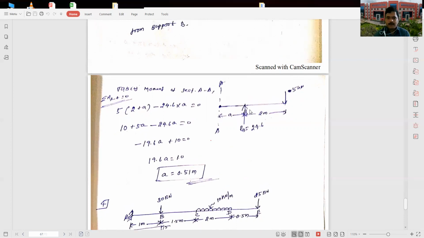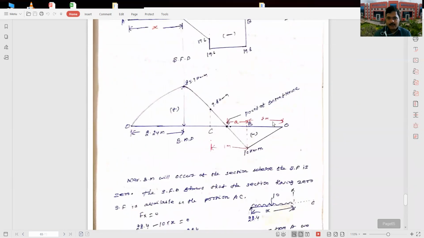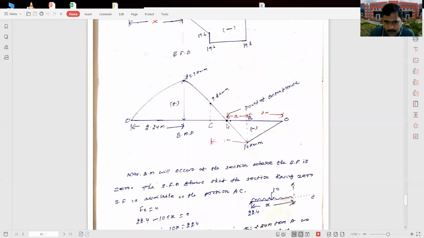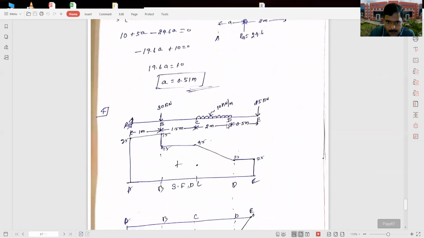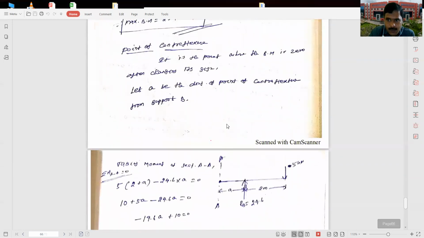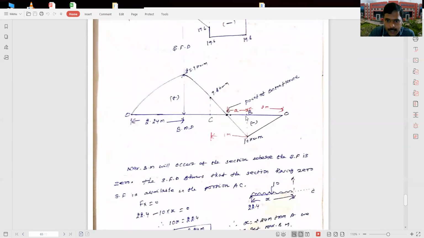So if you see here in this bending moment diagram, from the point B, 0.51 distance, the bending moment value will be 0.